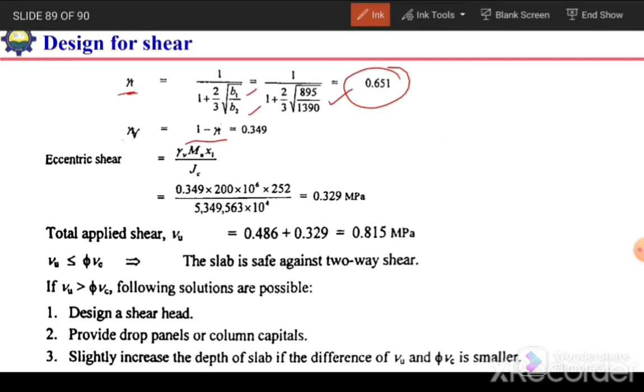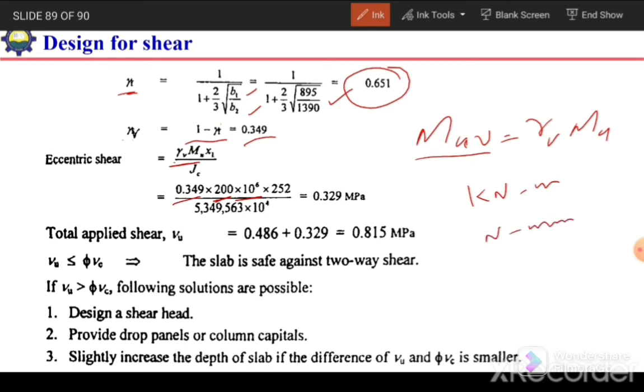For eccentric shear, here it is written gamma V times MU. Actually MUV is equal to gamma V times MU. So instead of MUV, it is written over here gamma V MU. The gamma V value is 0.349. MU is given as 200 kilonewton meter, and we have multiplied it by 10 raised to power 6 to convert kilonewton meter into Newton millimeter.